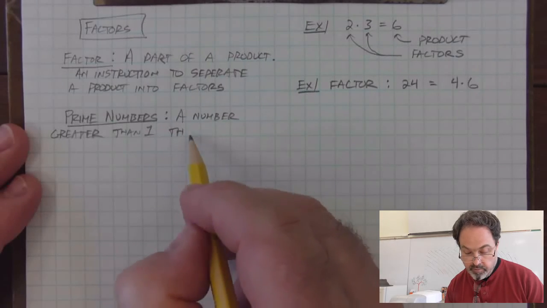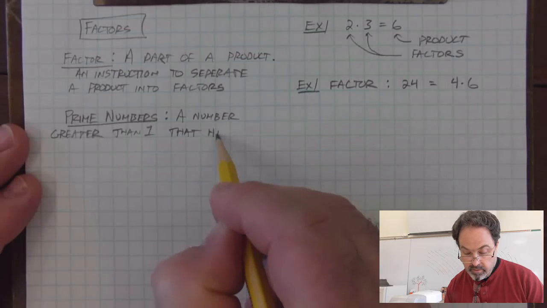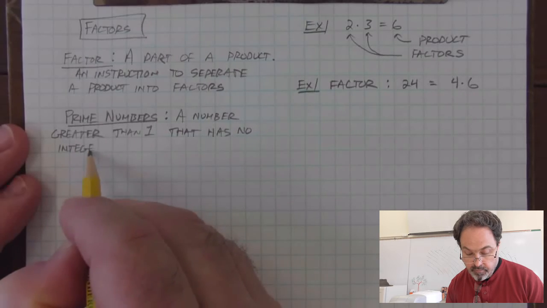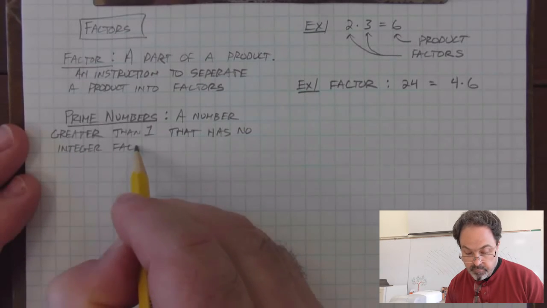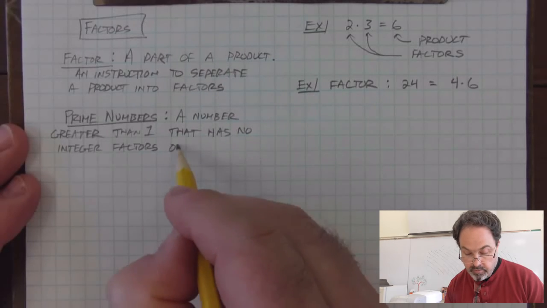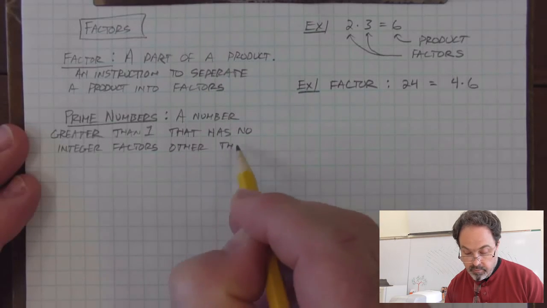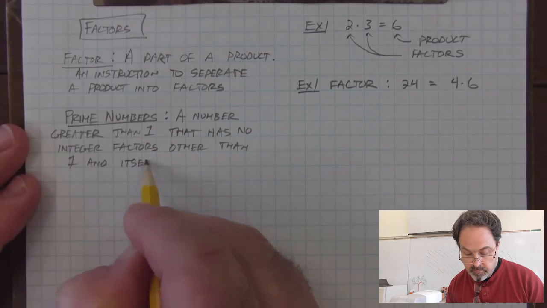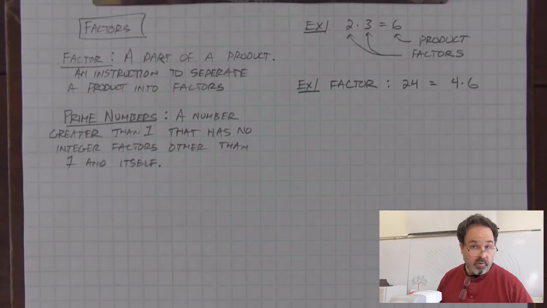A prime number is a number greater than 1 that has no integer factors other than 1 and itself. Every number can be divided by 1, and every number can be divided evenly by itself. So when we're considering prime numbers, we're considering those numbers that can't be divided evenly by anything other than 1 and itself.